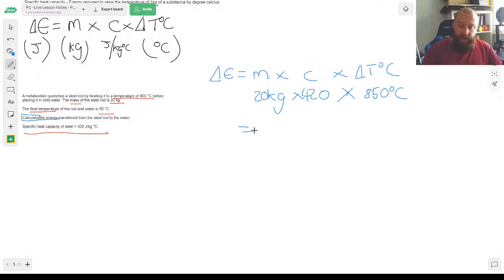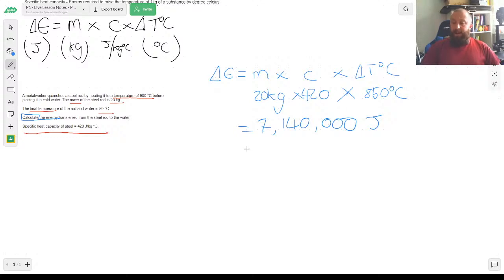So if I type those into a calculator now, 20 times 420 times 850 equals 7,140,000 joules. Now, I could convert that into kilojoules, depending on what the question asks me to do afterwards.